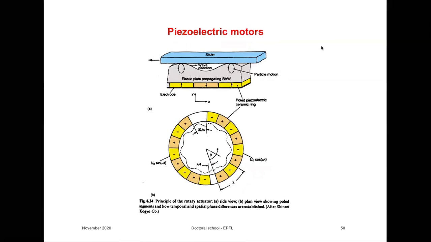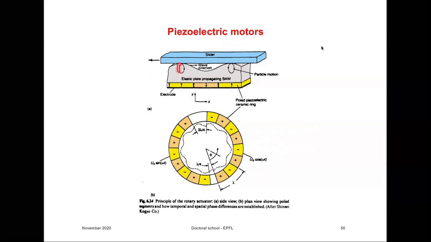Other types of piezoelectric motors look like this. Again, you have a piezoelectric ring, which is asymmetrical, with segmented electrodes poled plus and minus. And when you fix a piece of metal on the top of it, you will induce a surface acoustic wave in that metal.